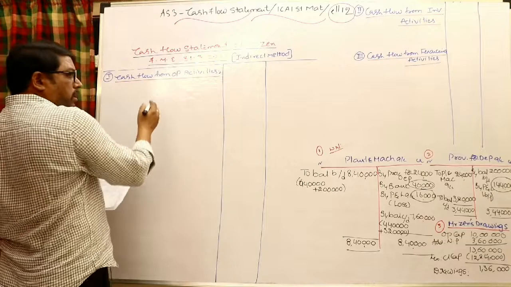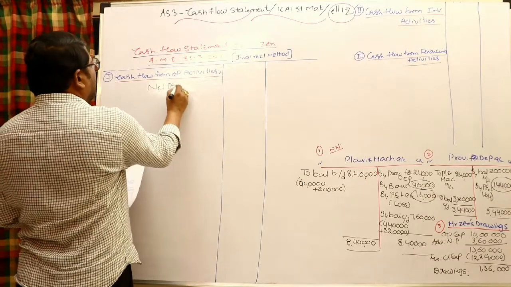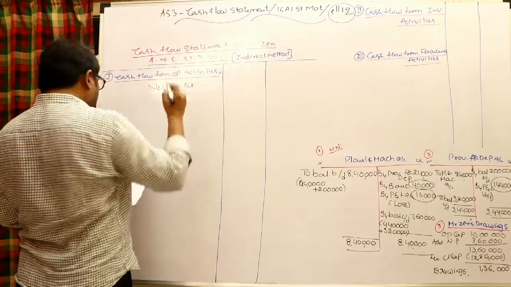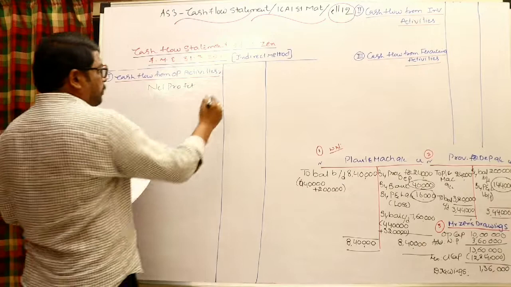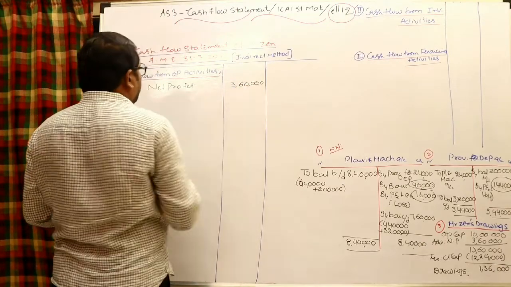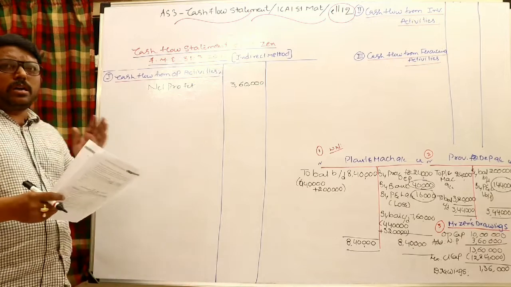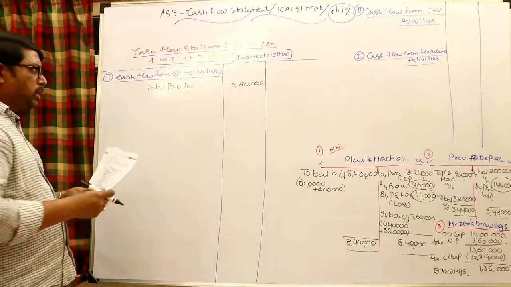First come to the operating activity. First let us take the net profit given as 3,60,000. Obviously non-cash items and non-operating items should be withdrawn here.